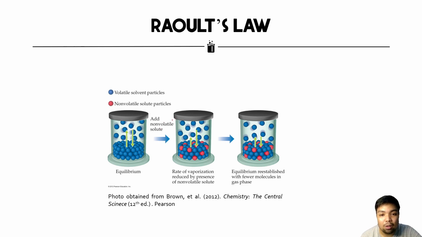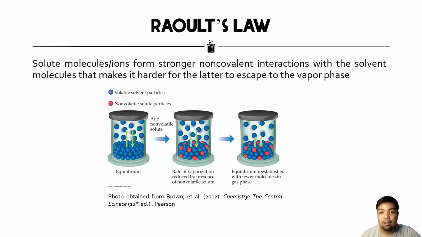Kay tungod nga ang imo nga liquid molecules mas gusto niya magstay sa liquid phase nga ara ang imo nga non-volatile solute nga mas kusog ang iya nga non-covalent interactions with it. So the presence of this non-volatile solute makes it harder for the solvent particles to escape from the bulk liquid into the vapor phase. I hope you get what I'm saying.